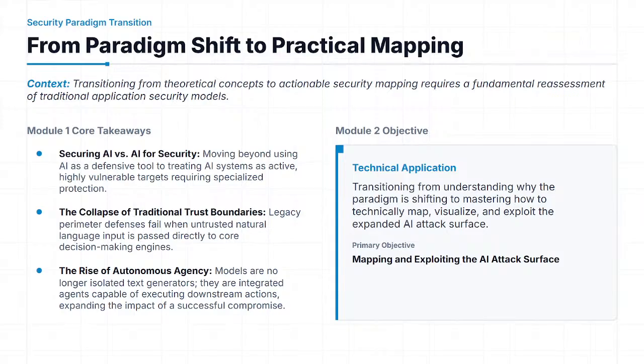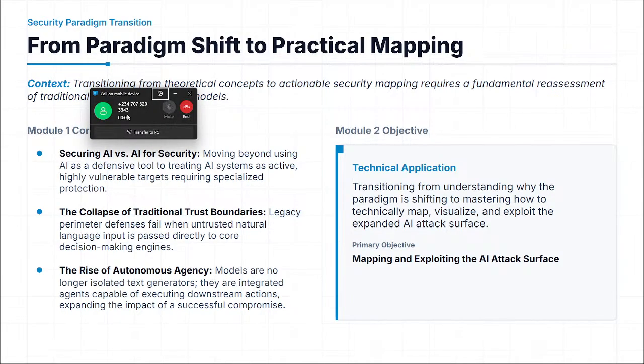So now, if we are moving from the theoretical concepts that we talked about last week, we need to be able to see how we can make it actionable. What further steps can we take to make this better? Right? A kind of reassessment: this is what a usual application looks like, and these are the application security measures that are taken for them, right?